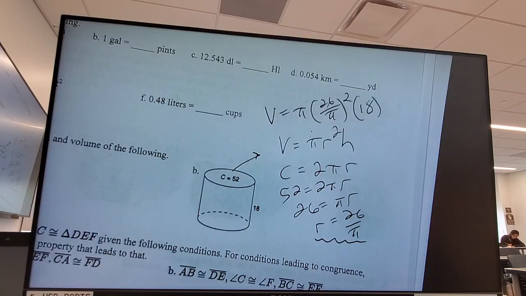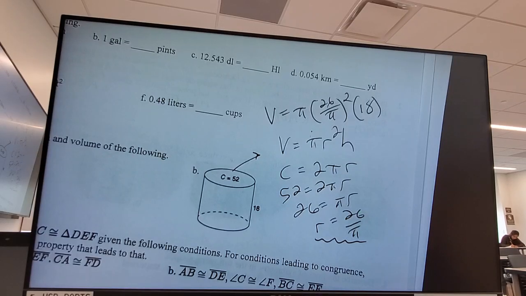Somebody save me from myself. 1,000 times 270. Really? Is that right? That seems crazy. 1,000 divided by pi, somewhere around 300 or something.